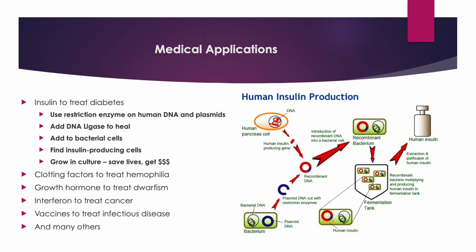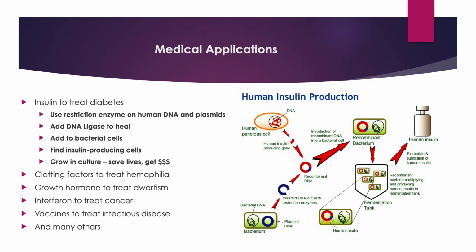We do this with lots of proteins that are needed to treat diseases. Blood clotting proteins that are needed to treat hemophilia, growth hormones needed to treat dwarfism or other growth defects.